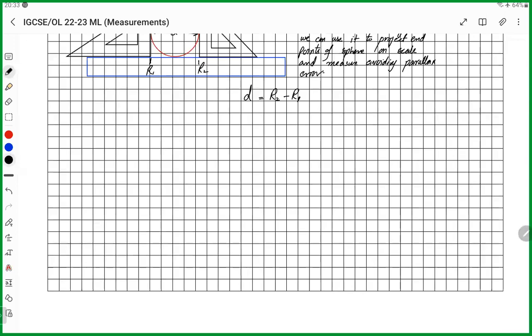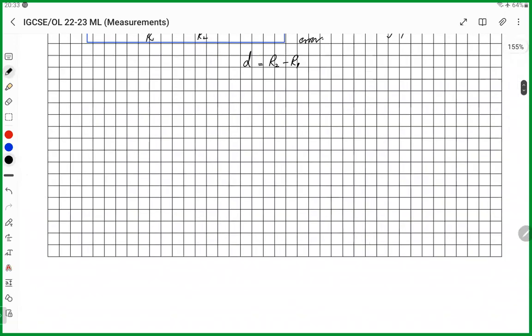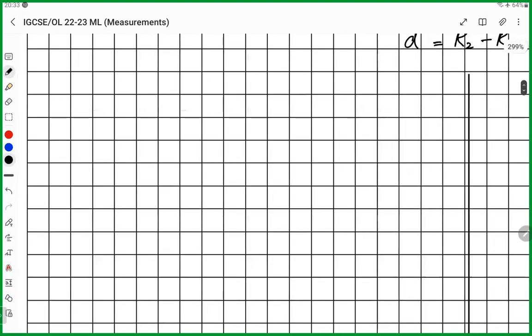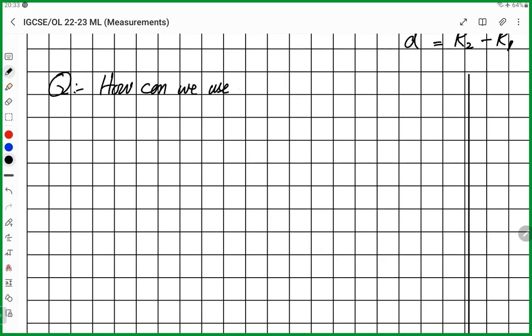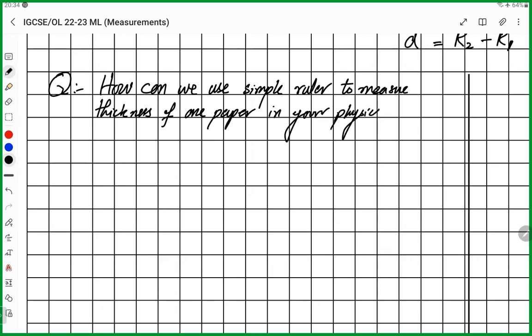Now, two questions. Question 1: How can we use a simple ruler to measure the thickness of one paper in your physics book?